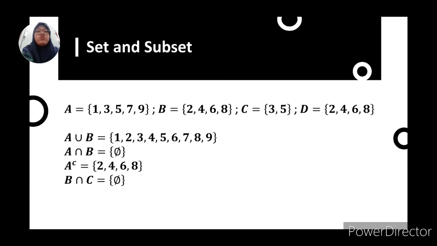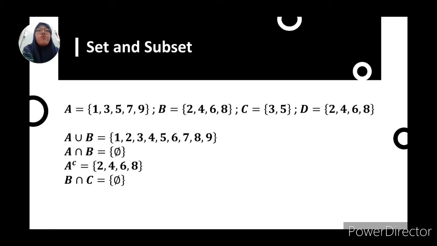The fourth question is about set and subset. The elements of set A are 1, 3, 5, 7, 9 in the brace.